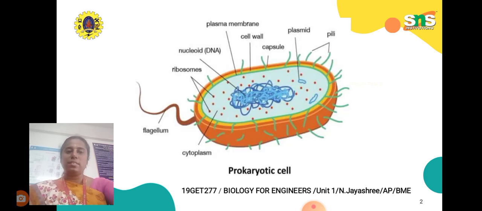So this is the cell structure of prokaryotic cells. The important parts are the cell wall, which is present in the outer layer, and the plasma membrane, which is the inner wall of the prokaryotic cell, and the nuclear DNA, which is the innermost part. The ribosomes are found in and around the cell, and the flagellum is connected to the other cell structures. The cytoplasm is the colloidal structure, and the capsule lies between the plasma membrane and the cell wall.